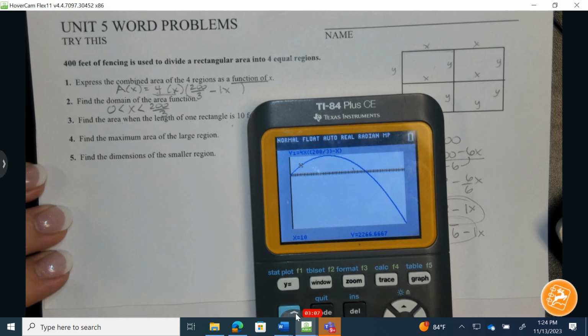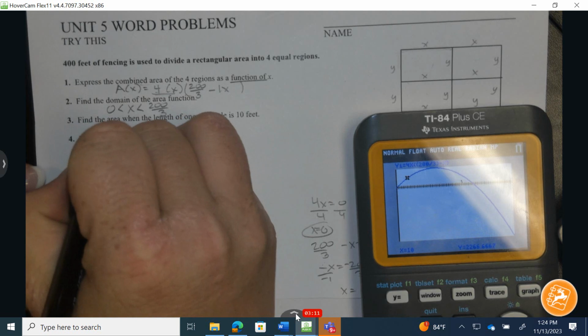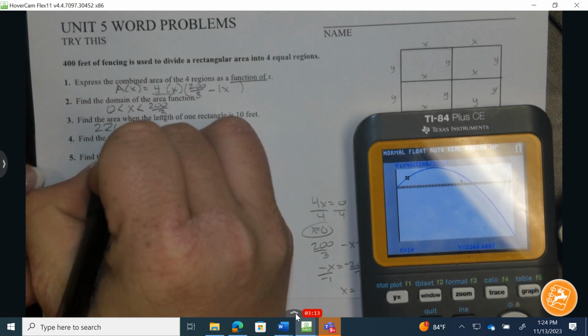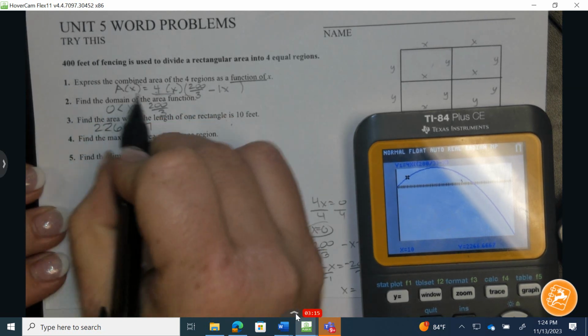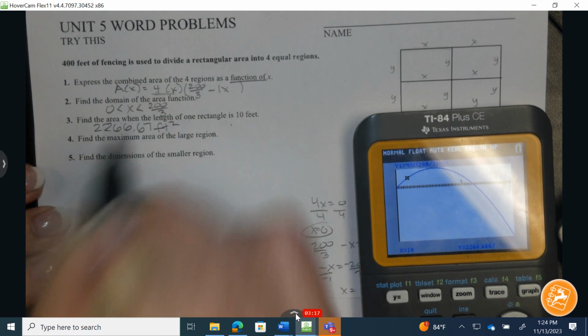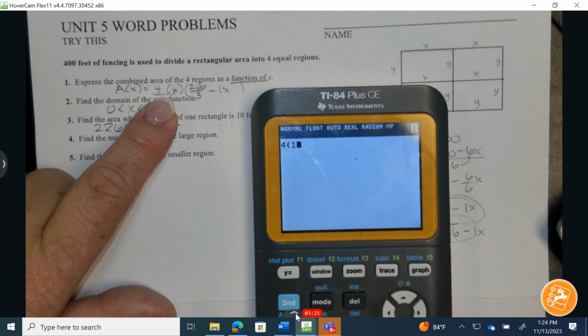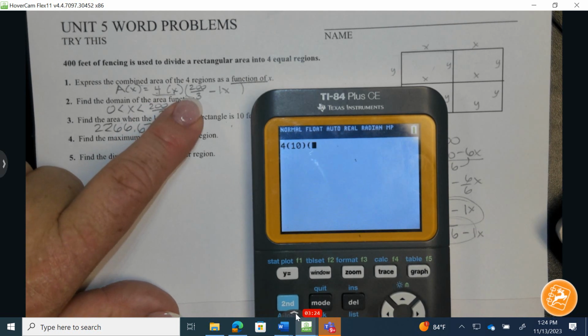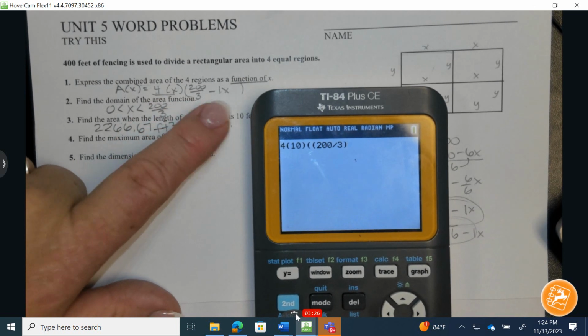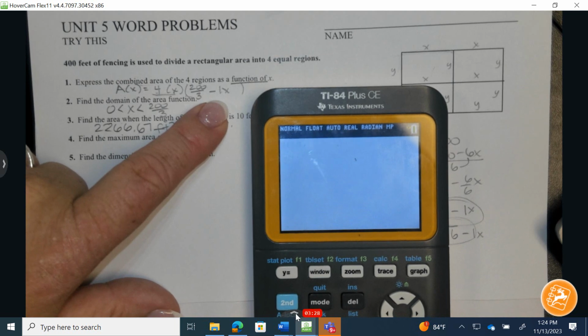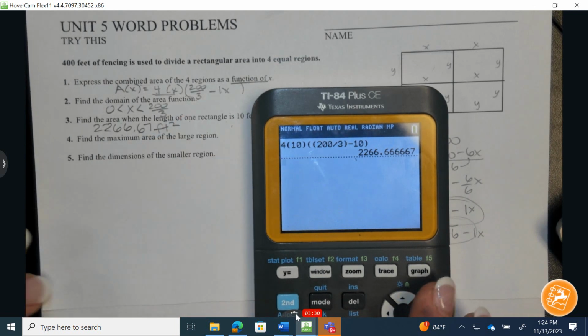It's 2,266.67 feet squared. The other way to do that would have been up here, 4 times 10, and then we have the fraction 200 divided by 3, subtract 10, and we get the exact same output.